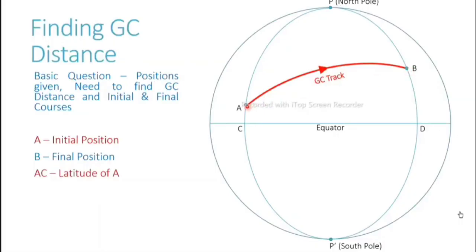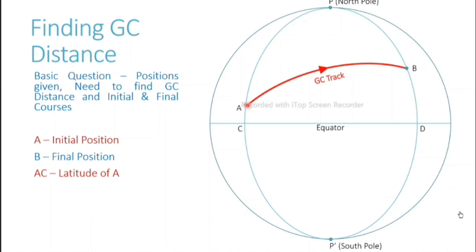Now, if we concentrate our attention on this part of the diagram, that is AC, Alpha to Charlie. Alpha to Charlie is the arc of the meridian contained between the equator and position A. This is exactly what the definition of latitude is.